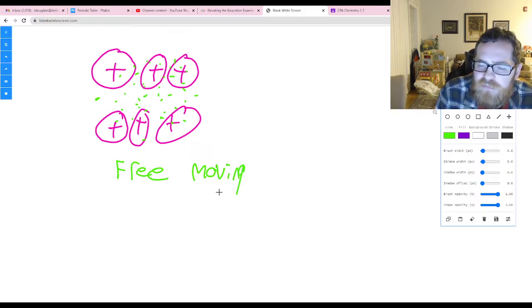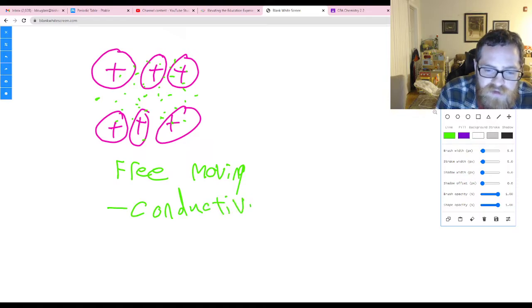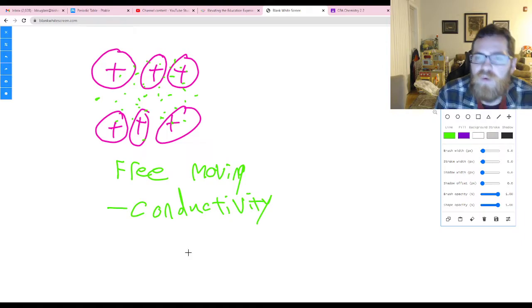This is important and key because free moving electrons and other charged particles is the key to understanding conductivity. A substance conducts electricity when there are free moving charged particles.